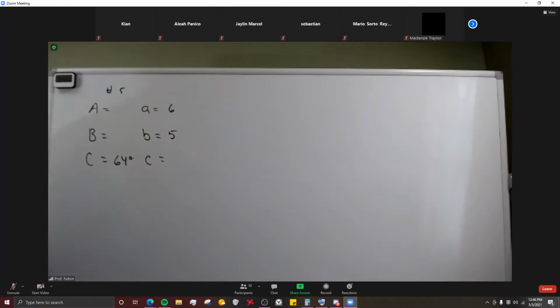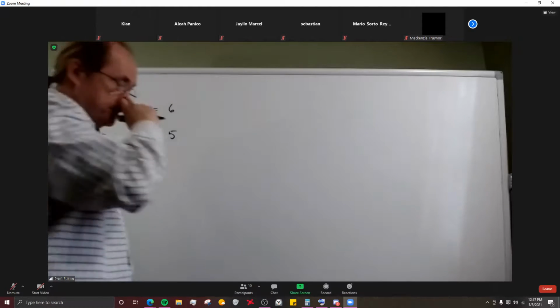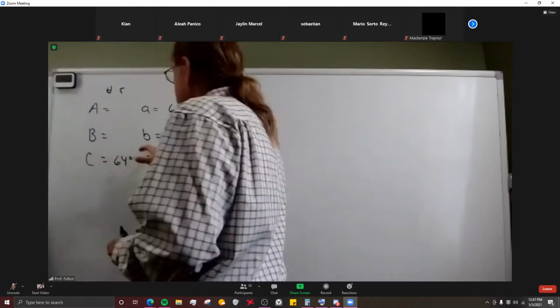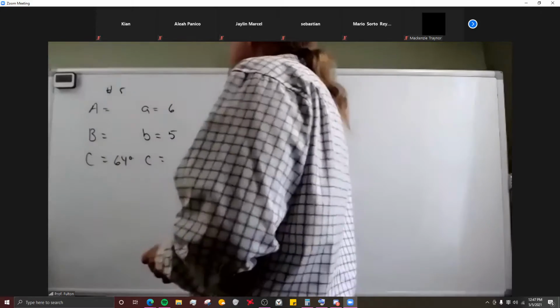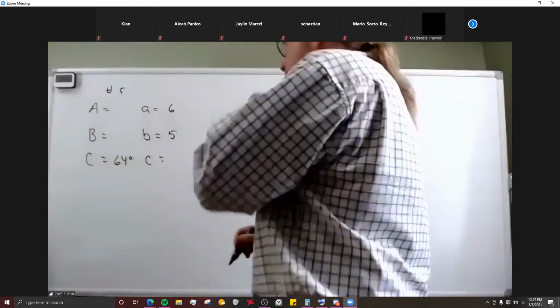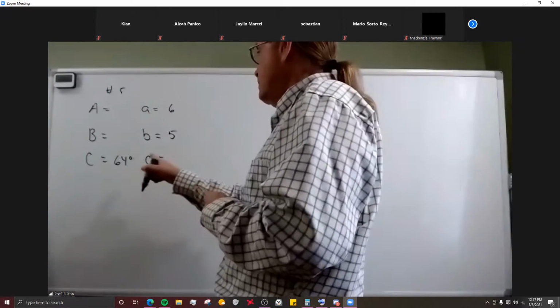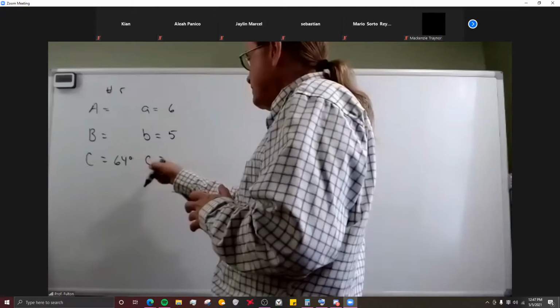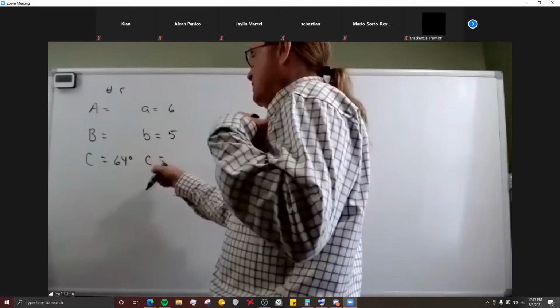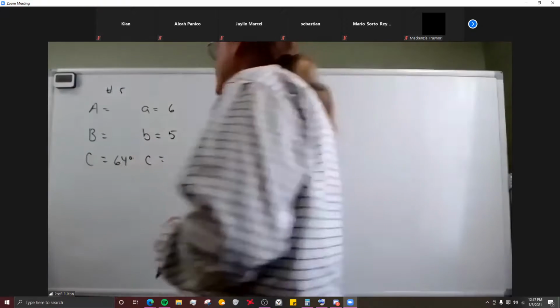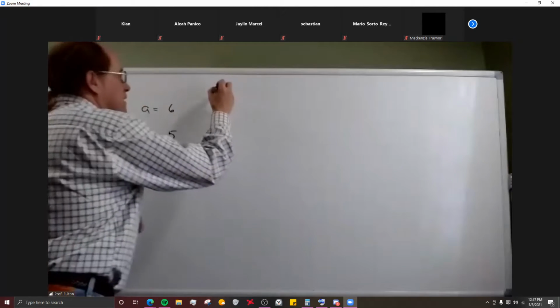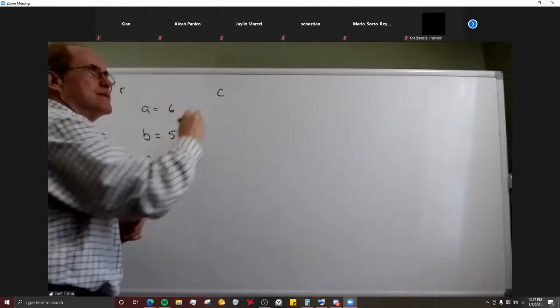So what we have is we don't have enough to start with the law of sines over here. Law of sines, we usually need 2 of one and 1 of something else. So what we could do is solve for length C using the law of cosines.